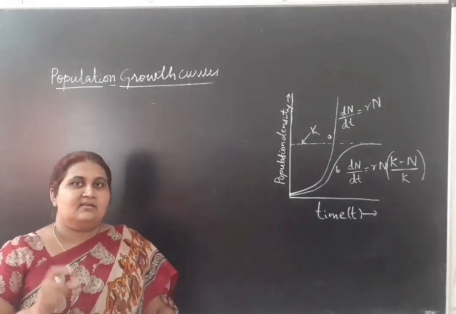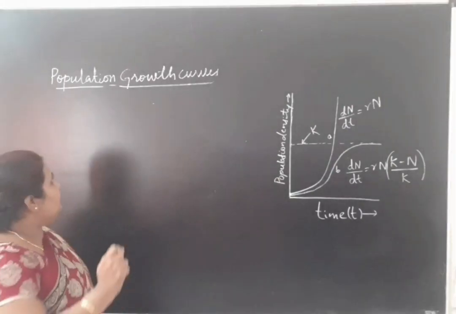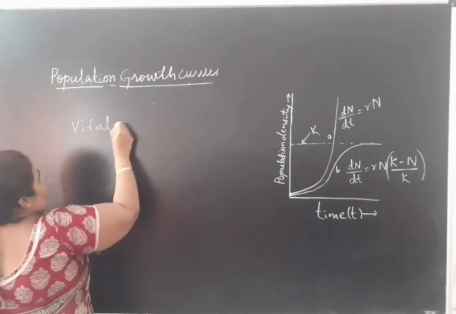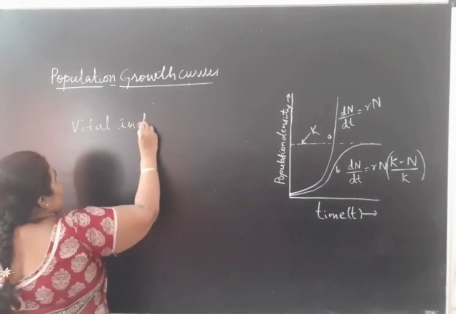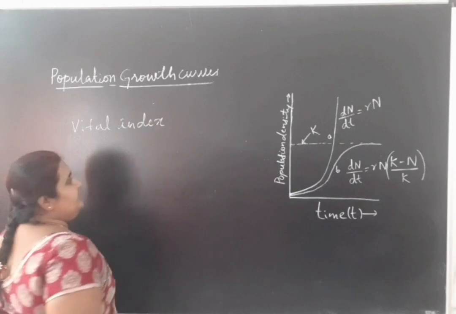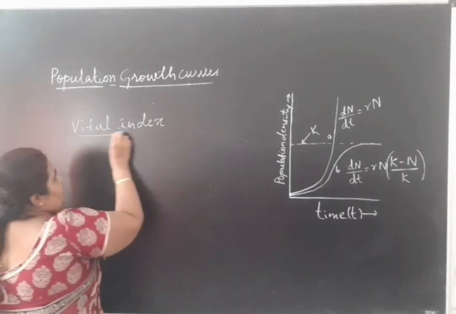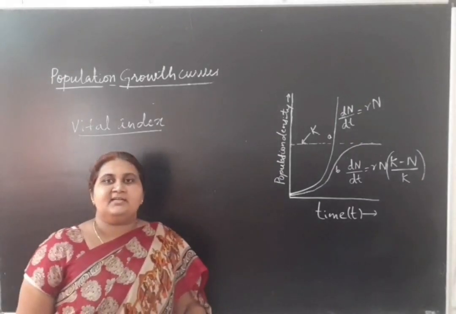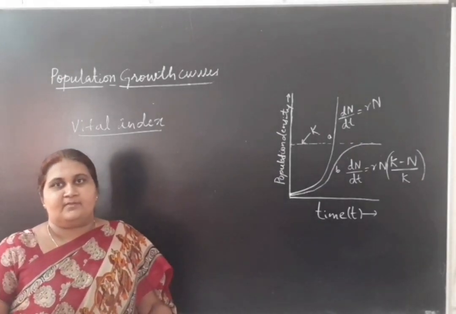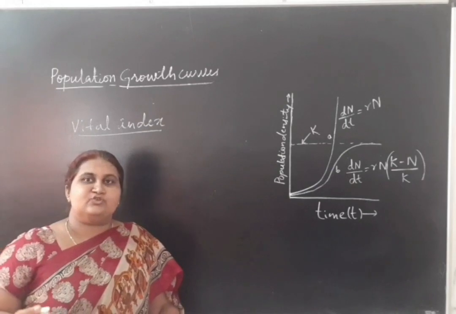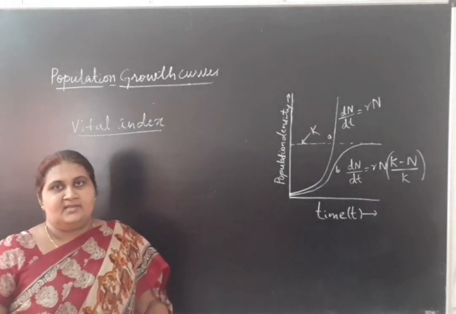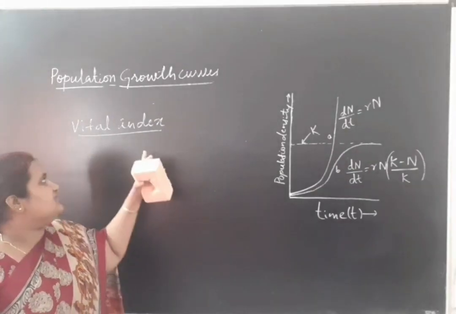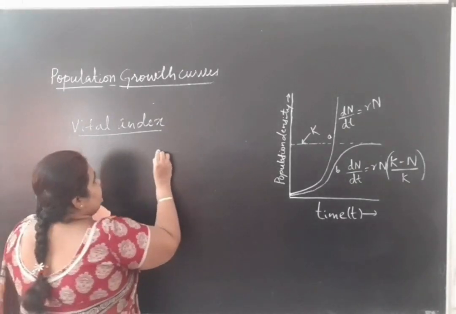And one more thing you should know: vital index. Vital index is the percentage ratio of natality to mortality.